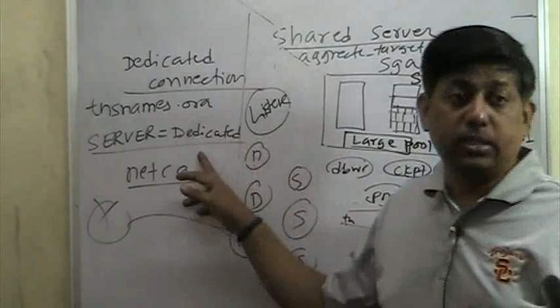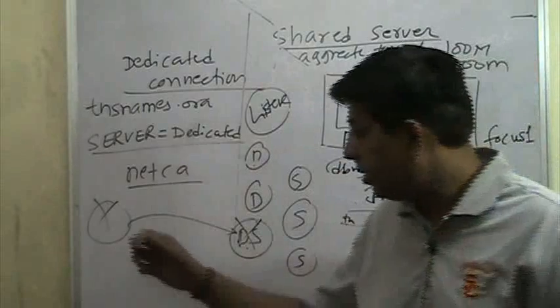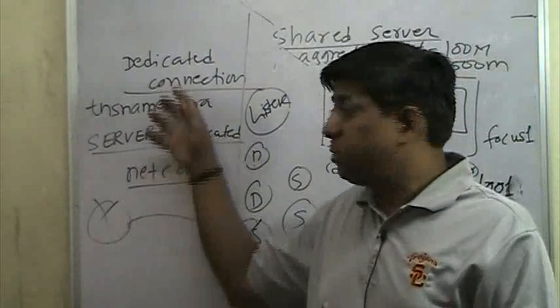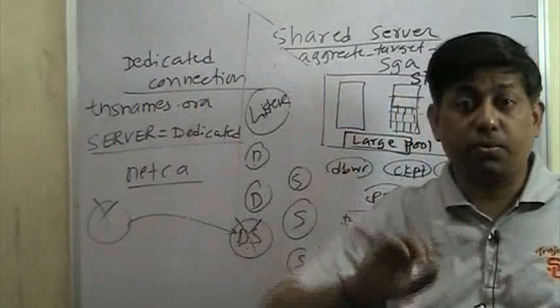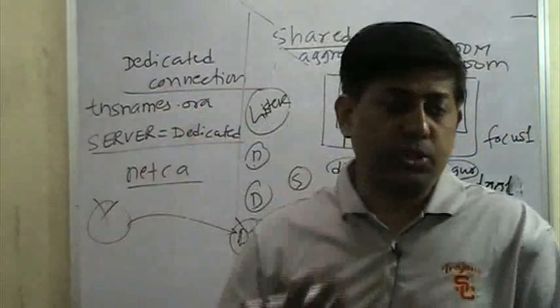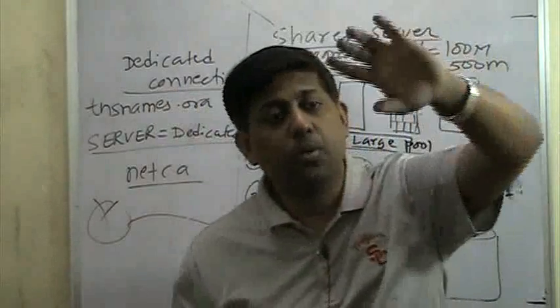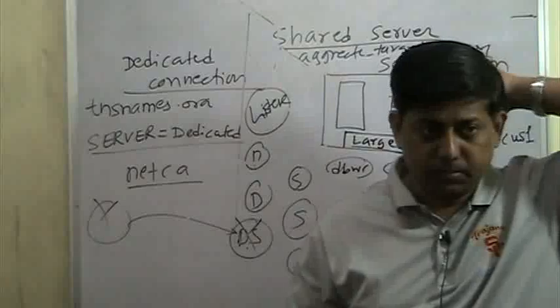Once this is done, any program that starts from this machine, because this is a file for a machine, not just for a program, whether it's SQL Plus or Toad or some SQL Loader program, anything that goes to the server will get a dedicated server connection.